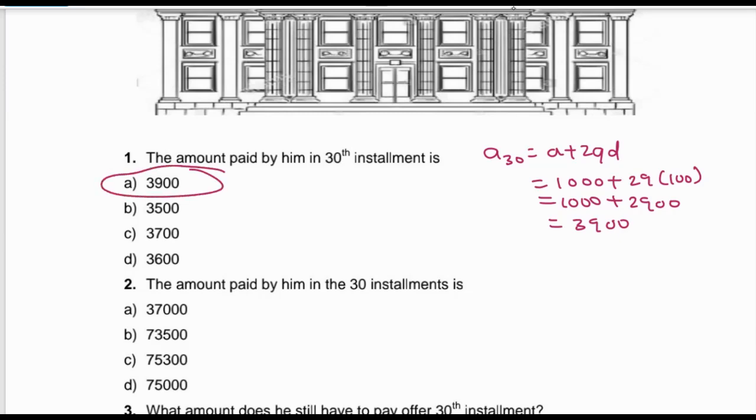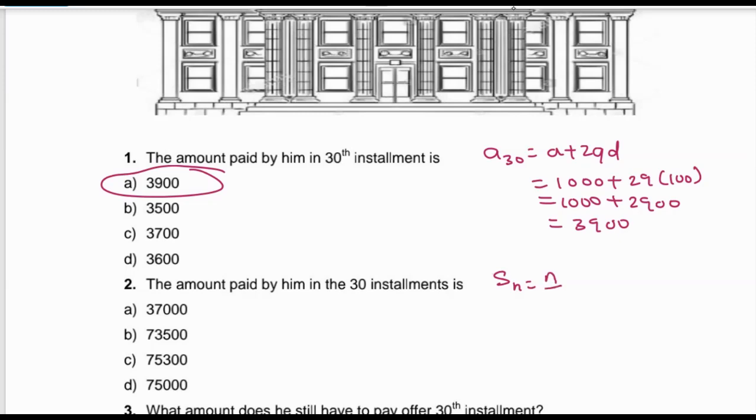Then the next one: the amount paid by him in the 30 installments. How much is the total amount? That means we have to find Sn, that is S30.